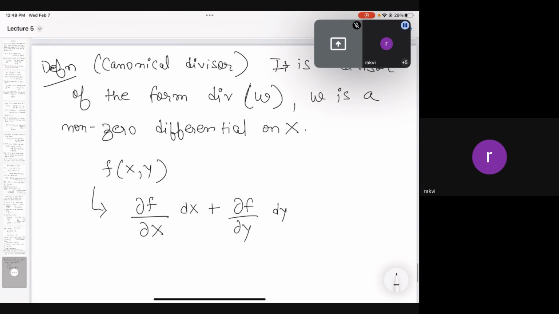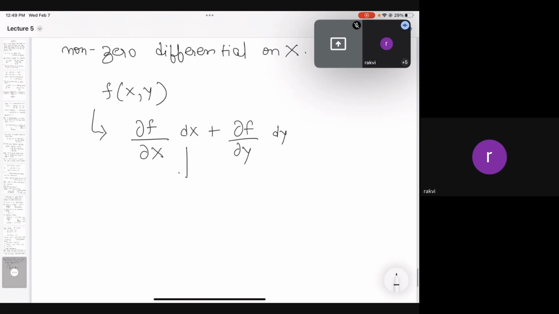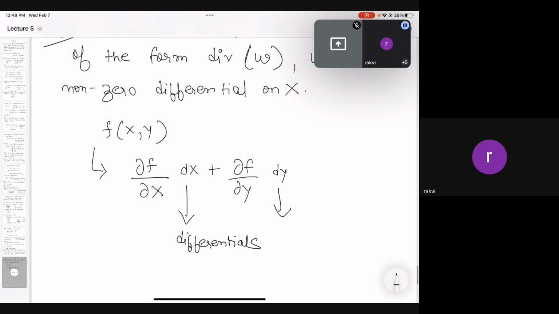So my differentials are elements of these types, and any linear combination of them is again a differential. You can think of these differentials as a vector space and these dx_i's as the basis elements that generate them.